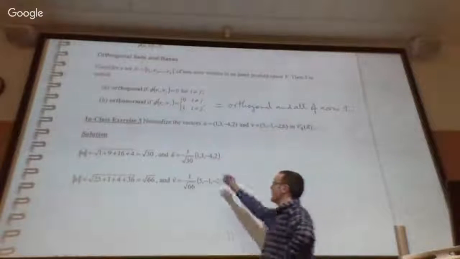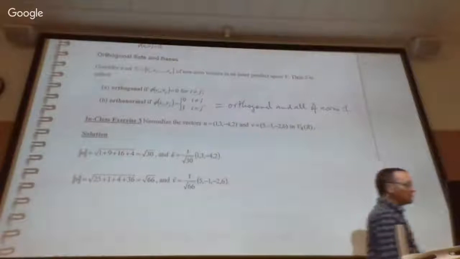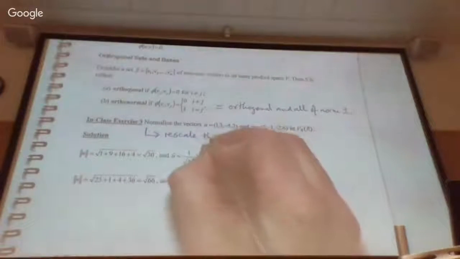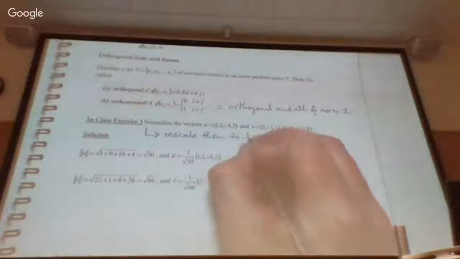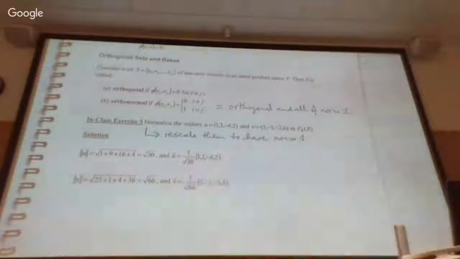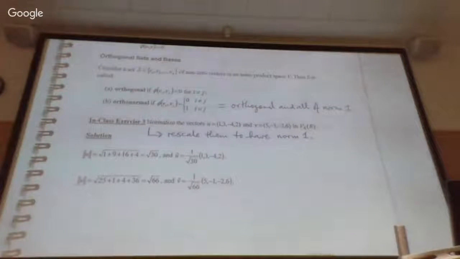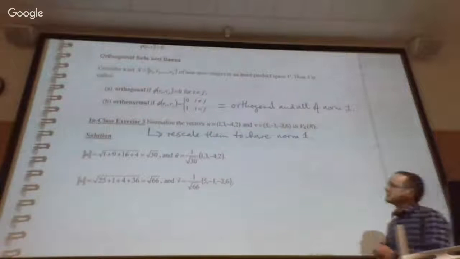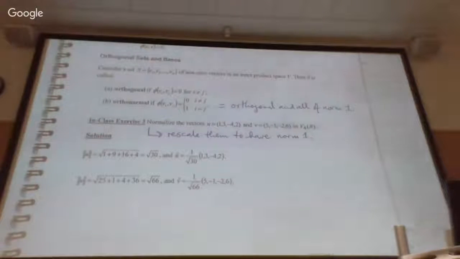Now, normalize would mean rescale them to have length 1, to have norm 1, I should say. The short vectors you want to stretch out, and the large vectors you want to shrink back, keeping them pointing in the same direction, but rescaled so that they have norm 1.